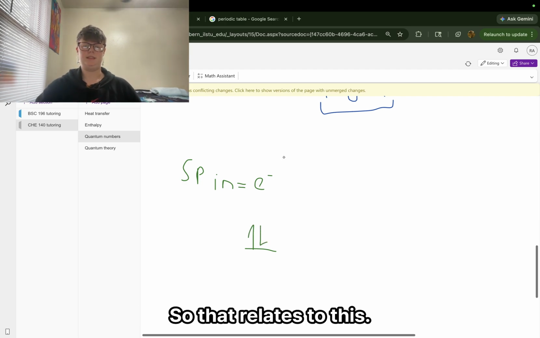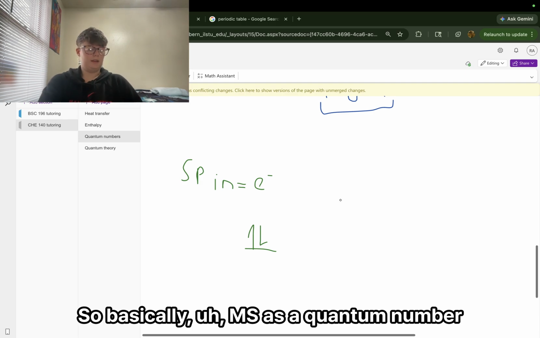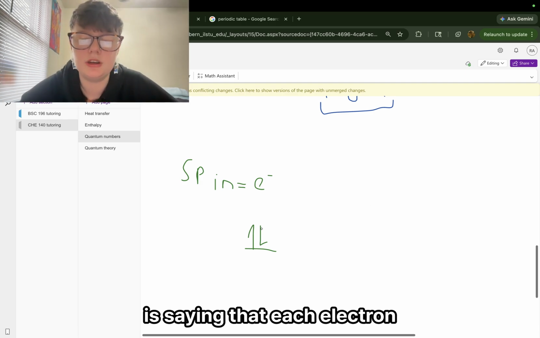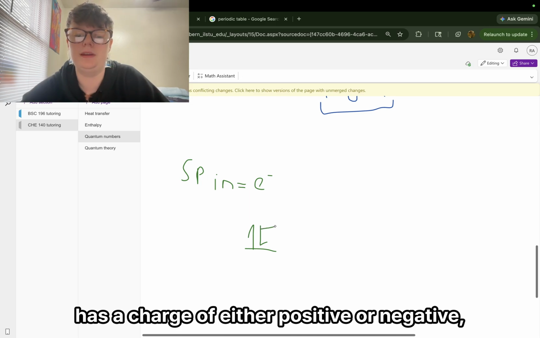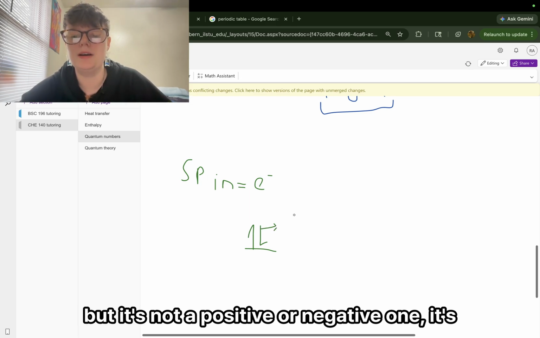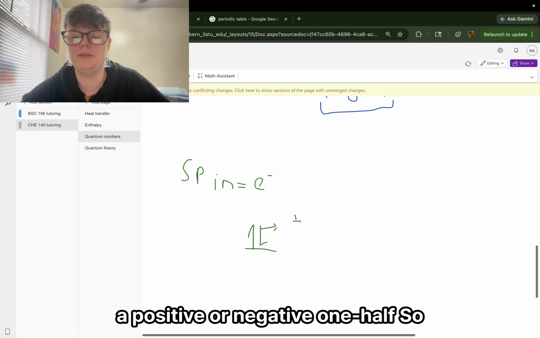So that relates to this. MS as a quantum number is saying that each electron has a spin of either positive or negative, but it's not positive or negative 1, it's positive or negative 1/2.